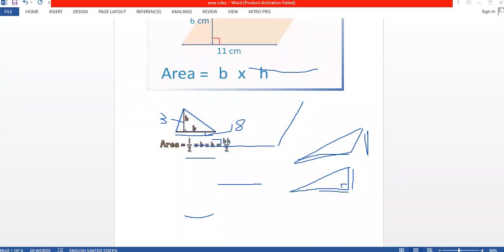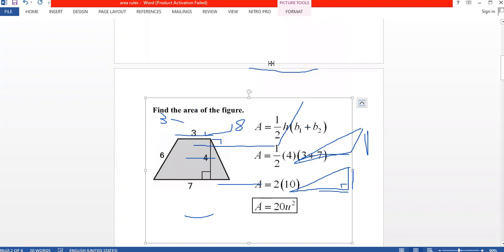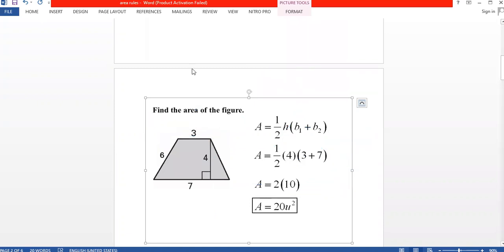Now, let's go to another one, which is the trapezoid. In the trapezoid, we need to decompose it, or we can use the formula directly. This is the formula, but we can learn how to decompose it. Look, this trapezoid has two parallel sides, only one pair of parallel sides.